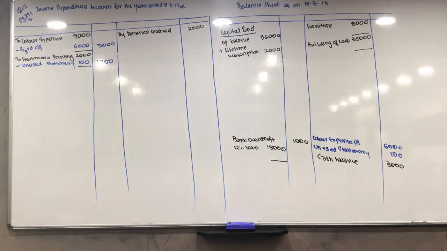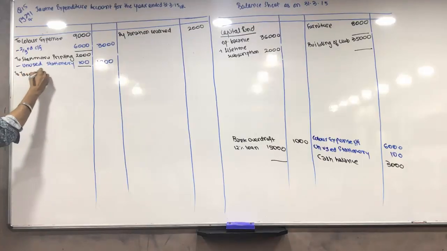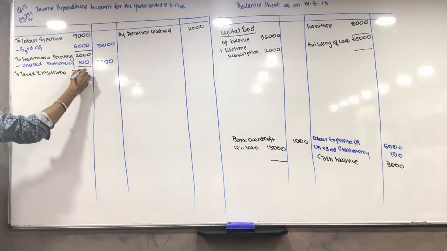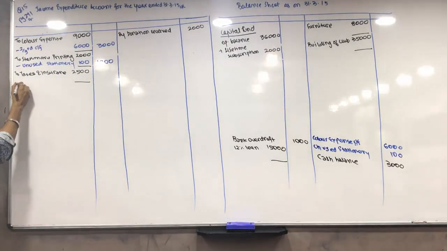Taxes and insurance 2,500, inner column. Honorarium to secretary 6,000.